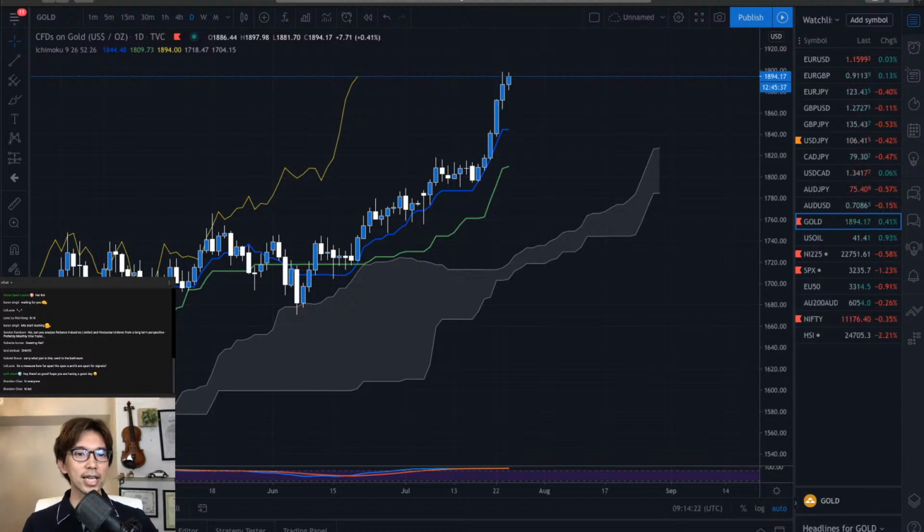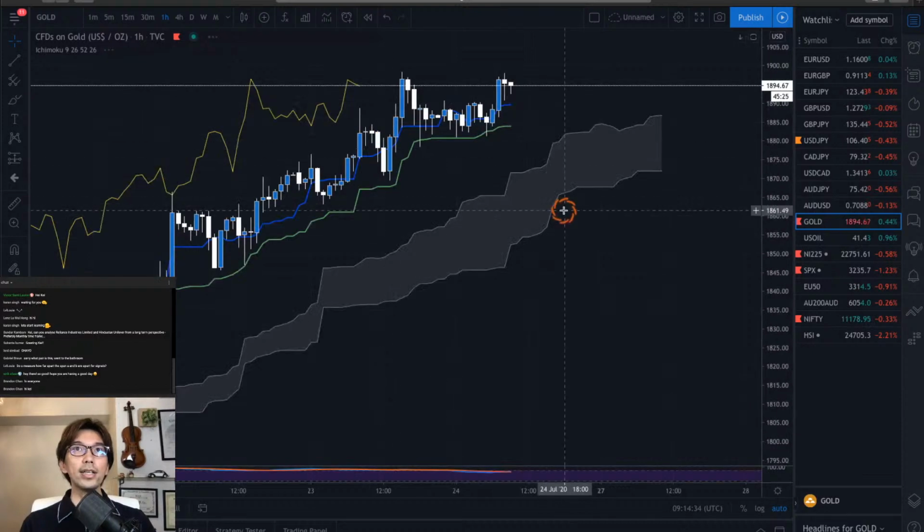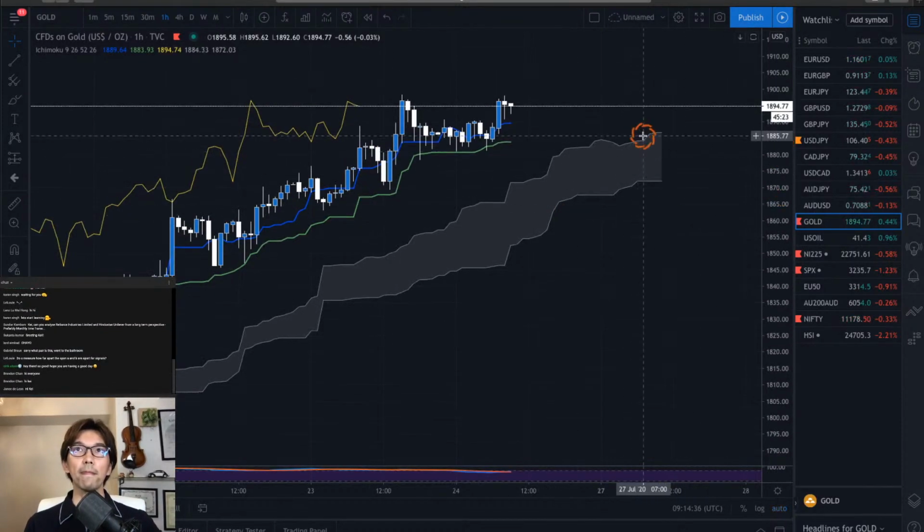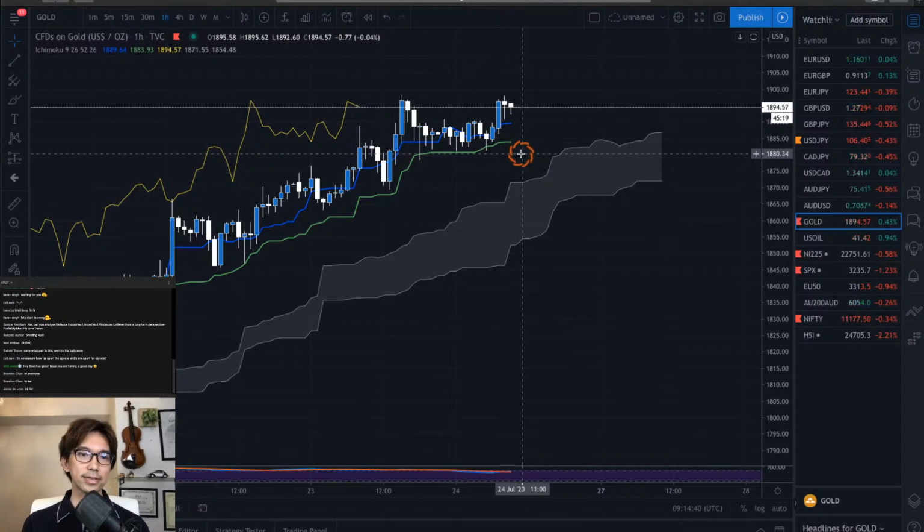So once again, in this case, the daily chart is moving up, so you can go down to either 1 hour or 30 and see if one of these time frames is also uptrending. And in the 1 hour, you see that Senkou Span A is moving up, and Kijun-sen is flat. So this is technically not the uptrend.